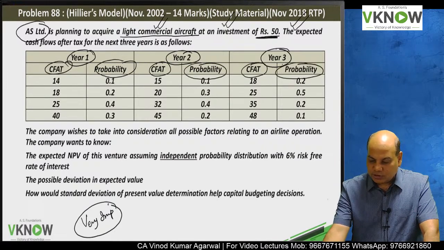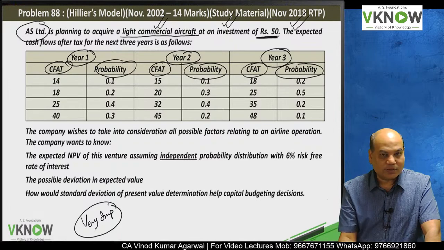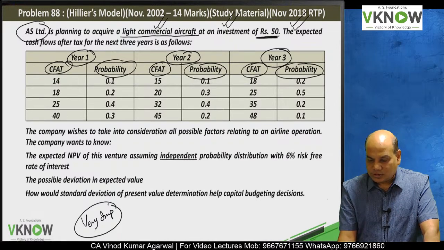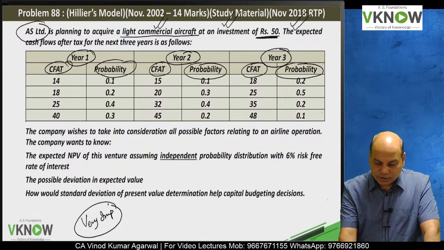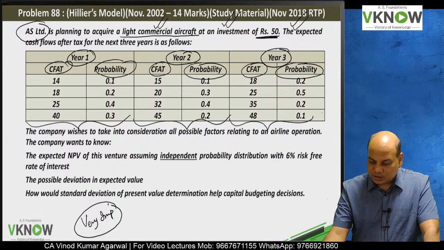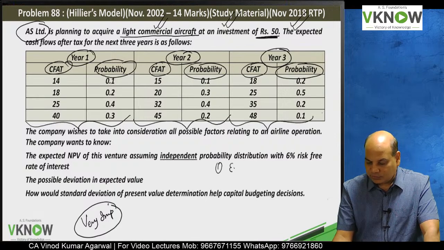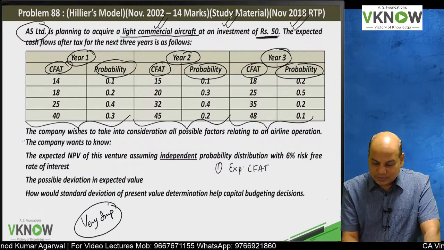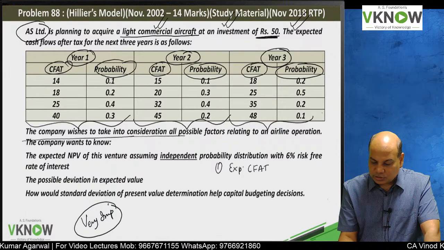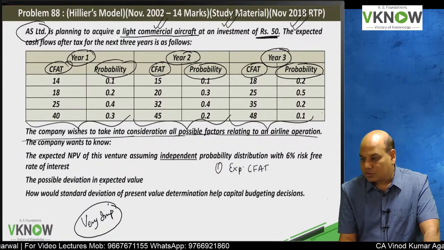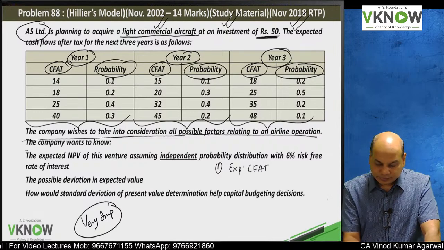Similar question we have done in the starting part of this chapter when we were doing risk analysis. First, I need to find out expected CFAT of each year. The company wishes to take into consideration all possible factors to an airline operation.